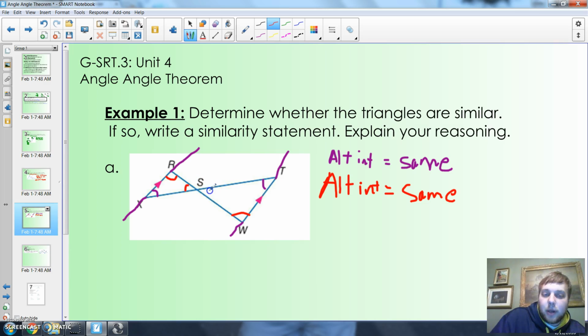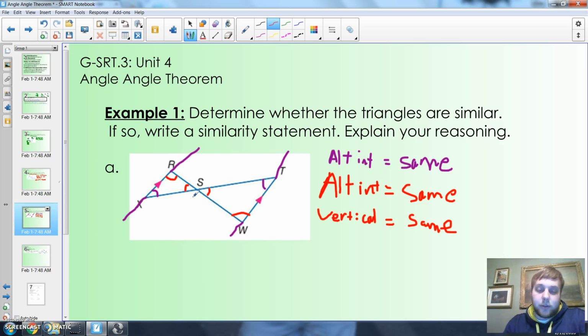Remember, I only need to prove 2 angles, but I do know S is the same, and that is because of vertical angles. Vertical angles are also the same. So actually I proved all 3 are the same. Remember, you only need to prove 2 are the same.